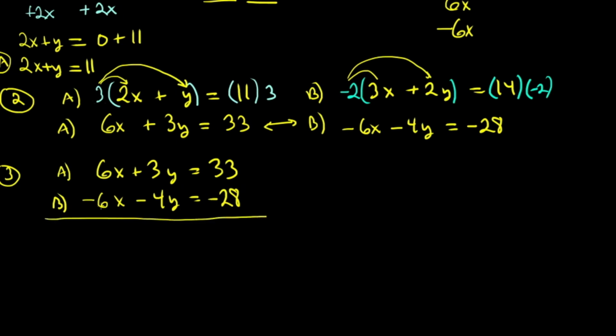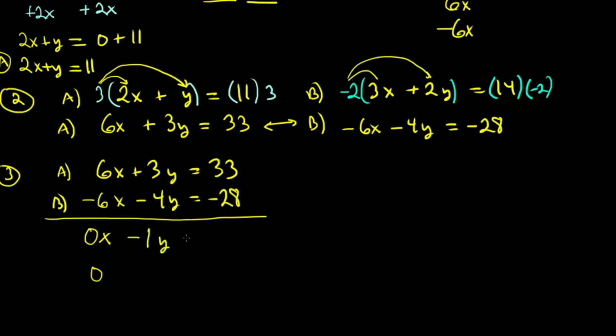Again, I'm going to do this vertically because I find that easier. If we take 6x plus negative 6x, we get 0x. But 0 times anything is 0. And then we have positive 3y plus a negative 4y. So 3 plus negative 4 is just negative 1 times y.